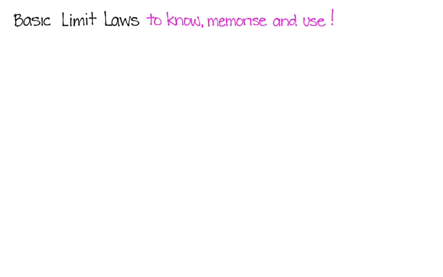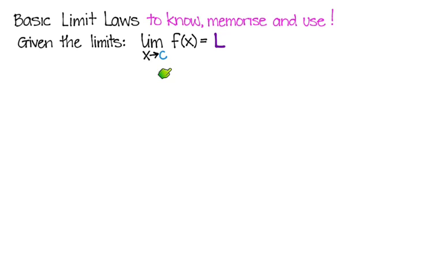So let's talk about some basic limit laws. These are ones we need to know, we need to memorize, we will be using them. First of all, we have to define two limits because we're going to talk about how these two different limits work together. We have the function f, and as x approaches some c, some constant number, this function has a limit, and we'll just say the limit is L, which represents some real number.